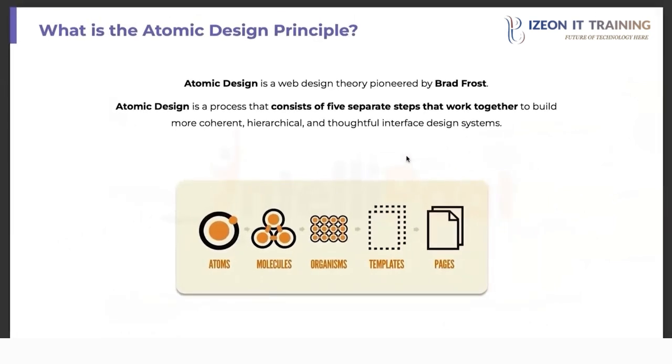So this is the methodology for creating a design system in a more deliberate and hierarchical manner. We'll follow the hierarchy of atom, molecules, organism. Frankly speaking, in the design industry, nobody calls these names to their elements.